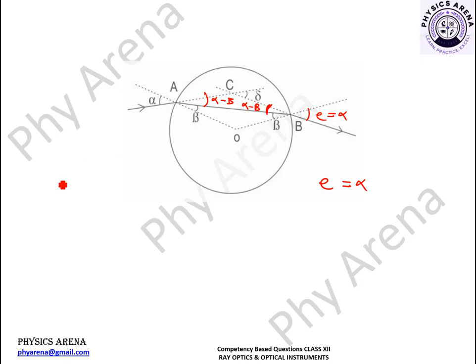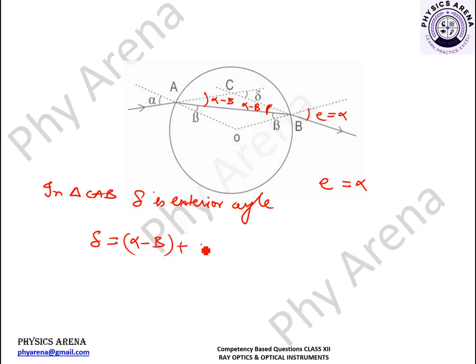So in triangle CAB, delta is exterior angle. And we know that the exterior angle is equal to the sum of interior opposite angles. So interior opposite angles are alpha minus beta and alpha minus beta. So I can write delta is equal to alpha minus beta plus alpha minus beta.